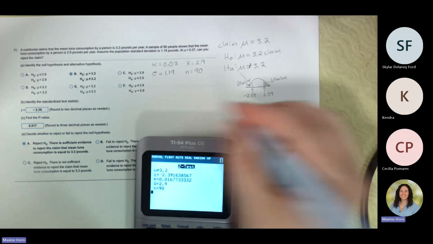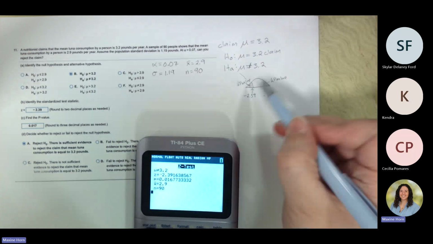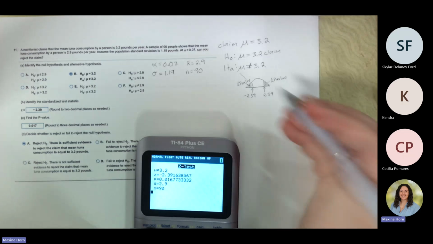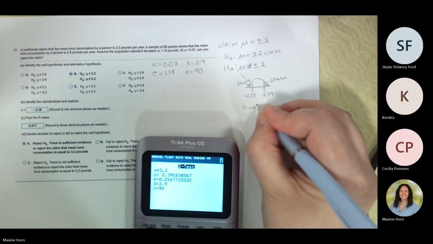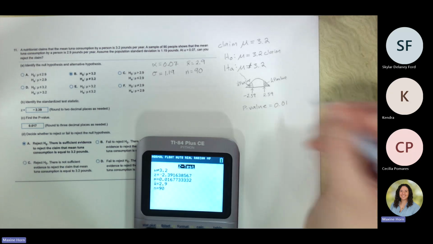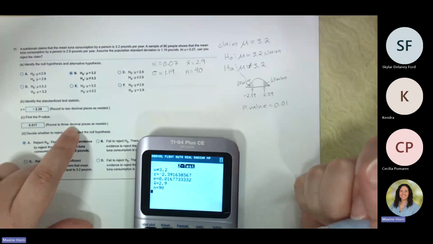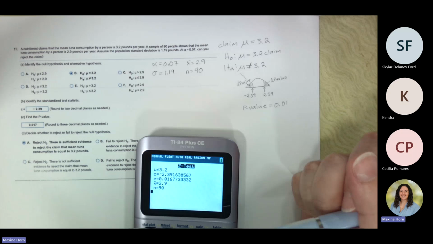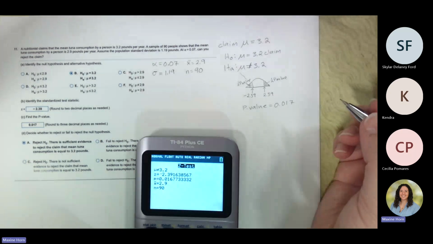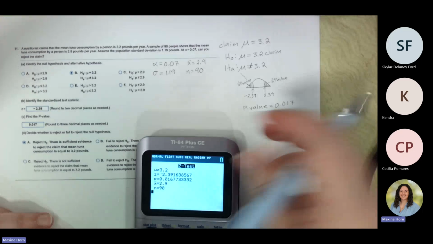And then it's giving us the full p-value. Not half of the p-value, but both of those added together. The p-value is 0.01, and if we round to 3 decimal places, that's 0.017. Okay, so we have our p-value.